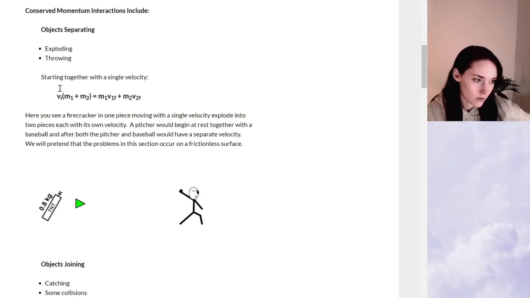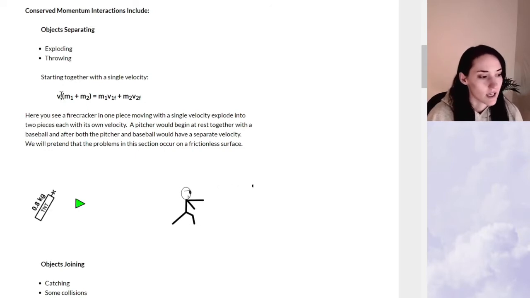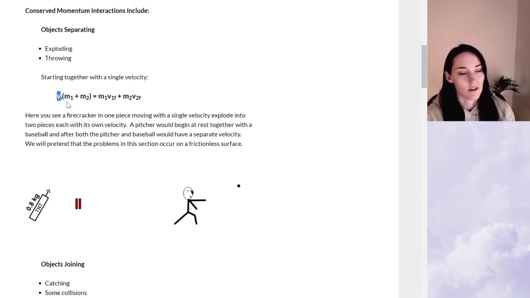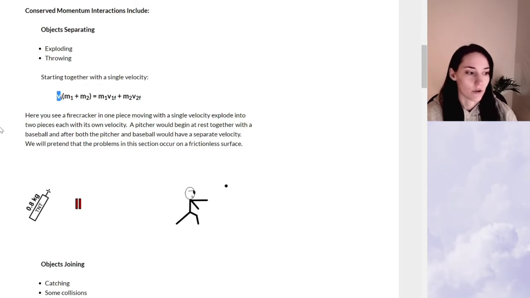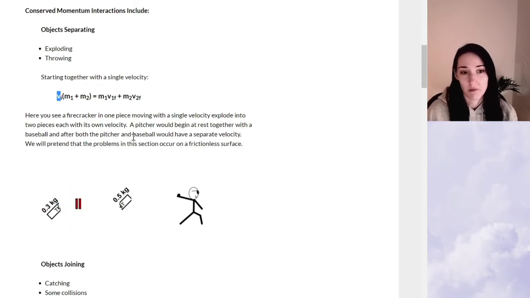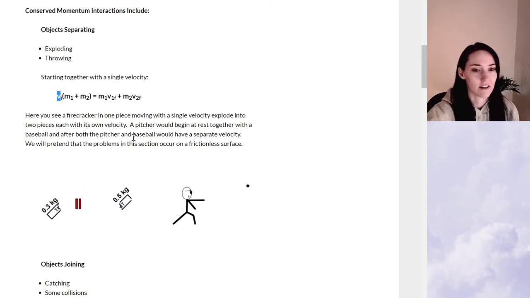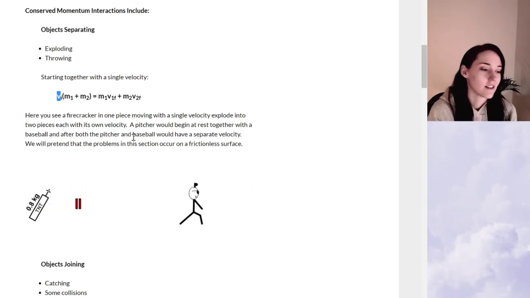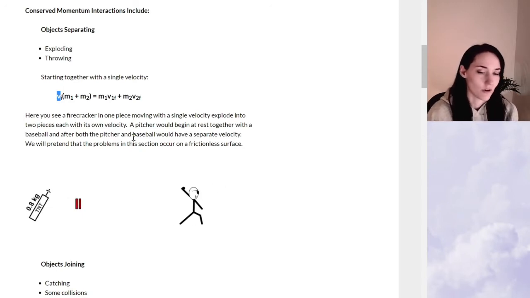For this first one, we have an initial velocity that two masses are undergoing together. And then after the collision, or in this case, it could be an explosion, or if you were throwing something away from you, like you're standing on a skateboard holding a mass, mass 1 would be you, and mass 2 would be the thing that you're holding.